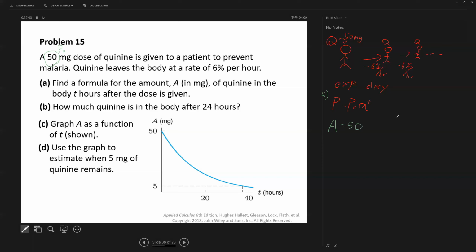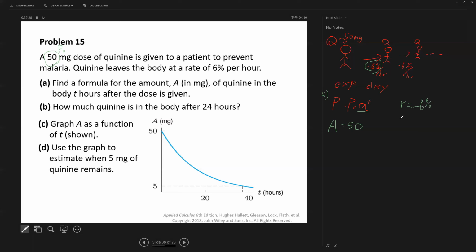Okay, now to find little a, that's the interesting part. First, we need to figure out what r is. What is the rate of change, the percentage change per hour? It's right here: it's leaving the body. So that means the quinine in your body is decreasing at 6% per hour. So I'm looking at negative 6%.